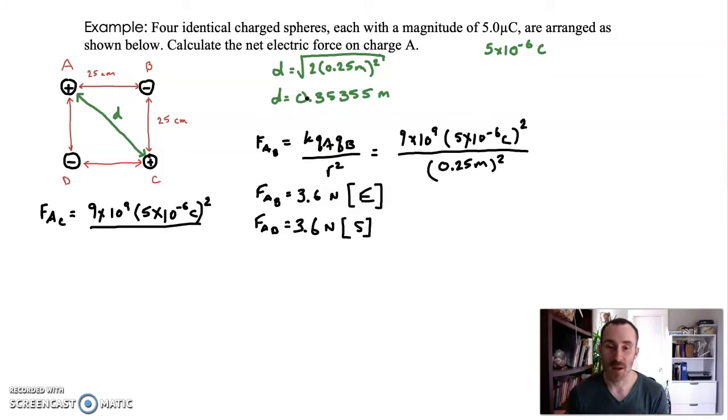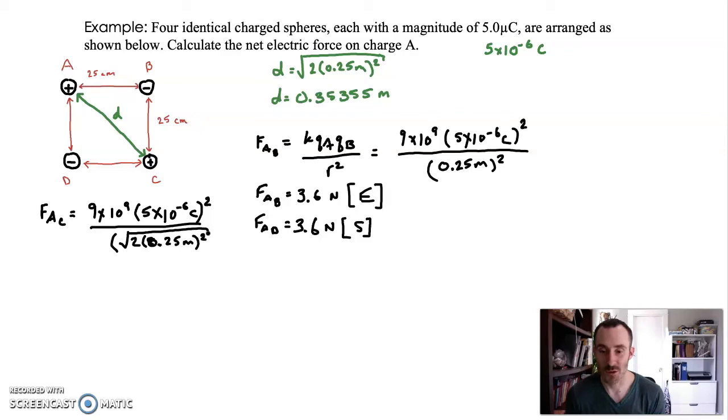Now in this case, I'm going to take this unrounded version of the distance and put that in here. So I'm doing the square root of 2 times 0.25 meters squared.